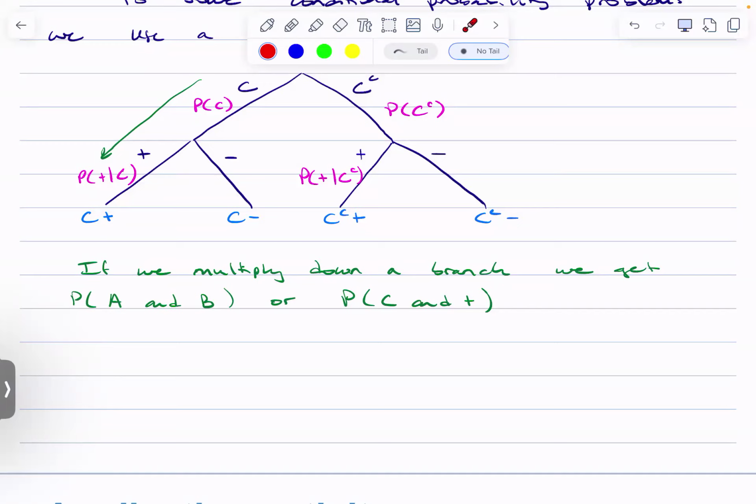And so then we could find things like, what's the probability of testing positive, right? There are 2 ways to test positive. Let's use purple here. So here I test positive, but also here I test positive, right?